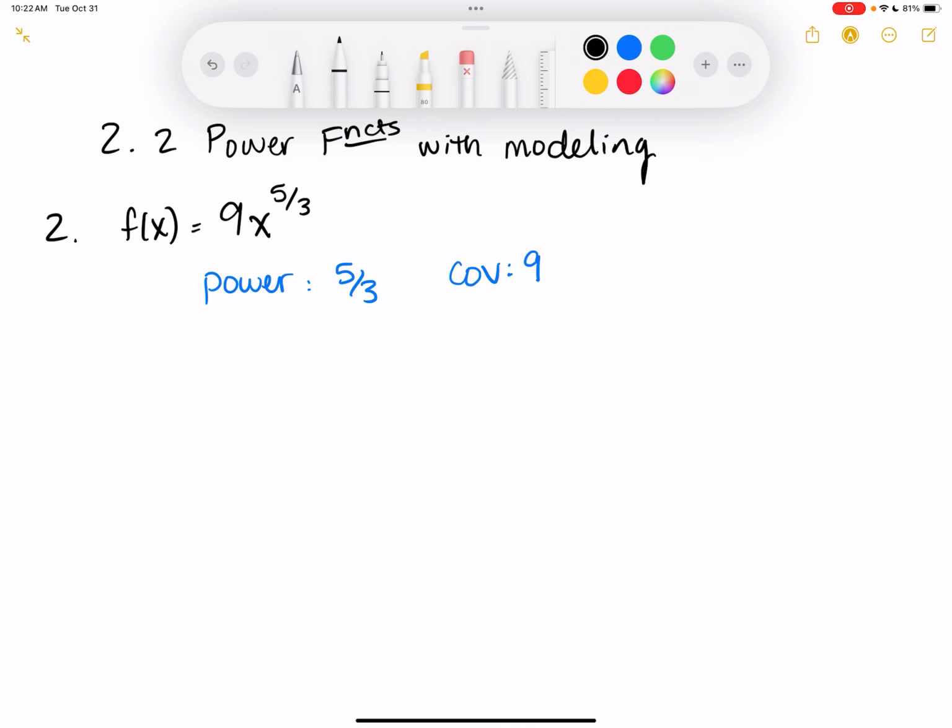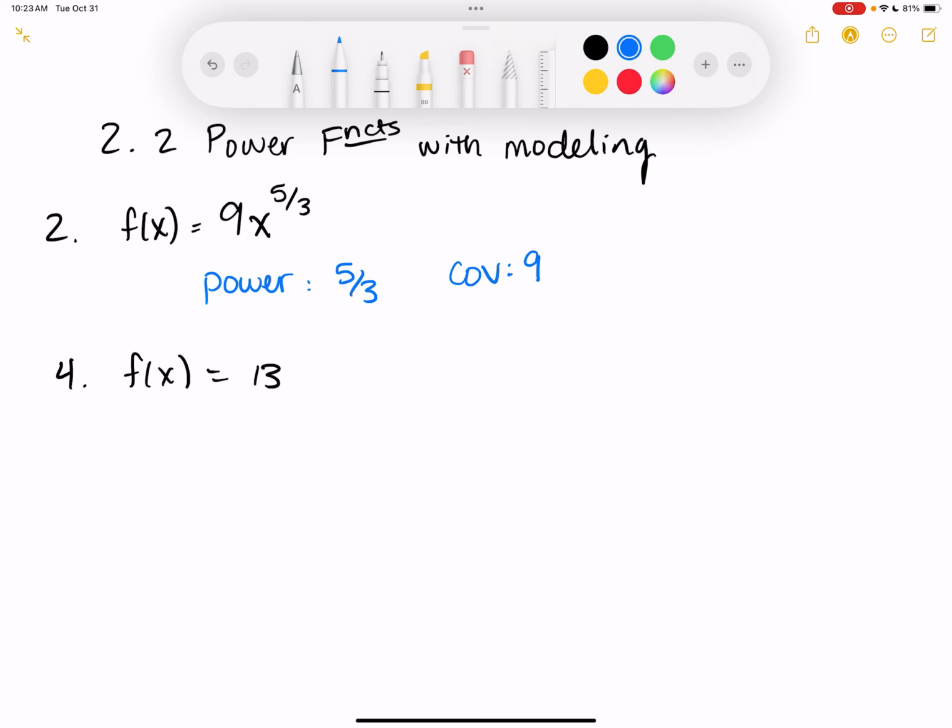For f of x is equal to 13. I'm gonna check something really fast. Does the one count? I'm just gonna say it's a power function and it's the 1 power and constant is 13.